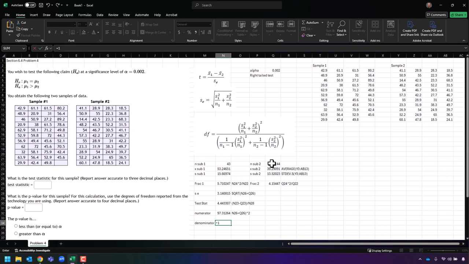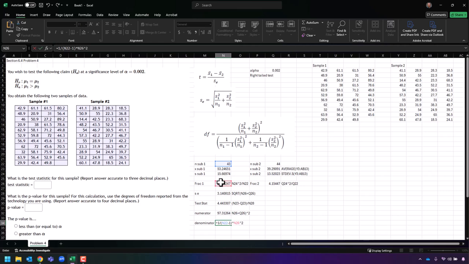So I'll start with 1 over, and I could do 43 minus 1 if I want to. I could set this up here and do this guy minus 1. I can also just do 43 minus 1 and call it 42. And I've got to multiply by this fraction, and it is squared.